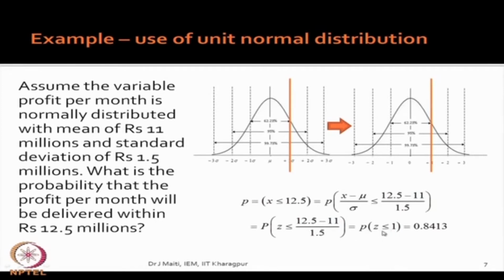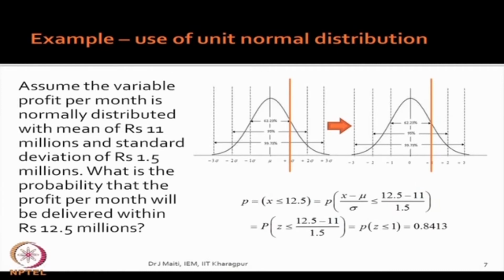So, probability z less than or equal to 1 means the left hand side values from z equal to 1. It will be the area under the normal distribution curve from minus infinity to that z value, because we are talking about within this.